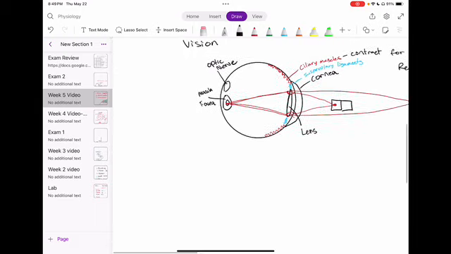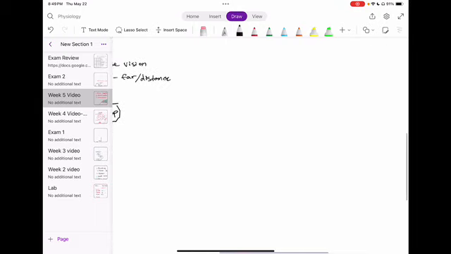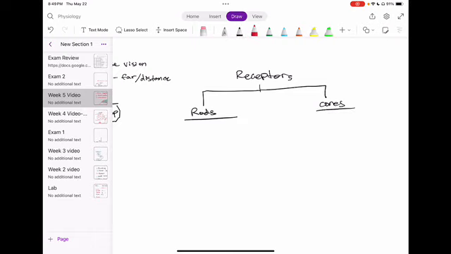All right, so now on to these photoreceptors. So we have two main kinds of photoreceptors. We have rods and cones. And rods are black and white, and cones are colored.